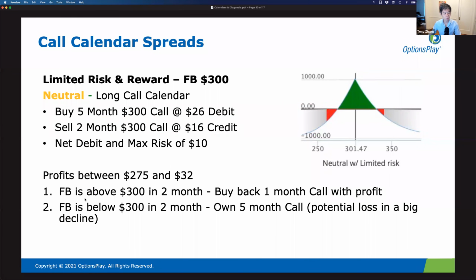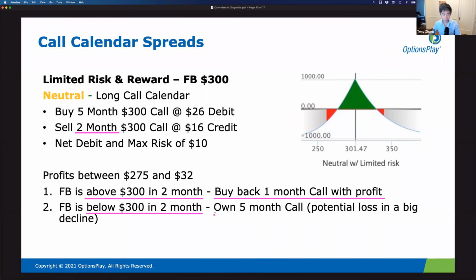So at expiration, you have to determine whether Facebook is going to be above $300 or below $300 at the 2-month expiration of the first short option on your calendar spread. If it's above $300, you have to buy back the short dated call at a profit, and it depends on whether you still want to own your 6-month or your 5-month long dated call option.